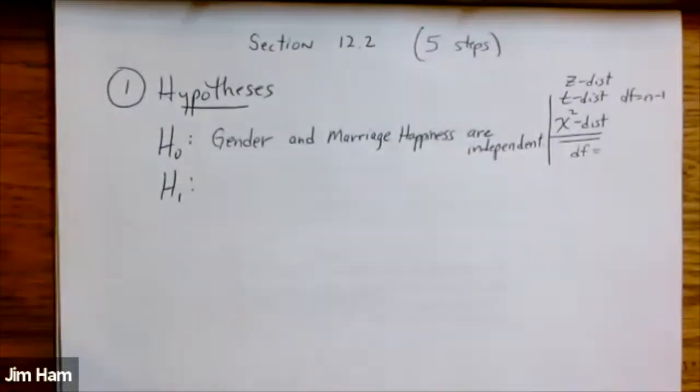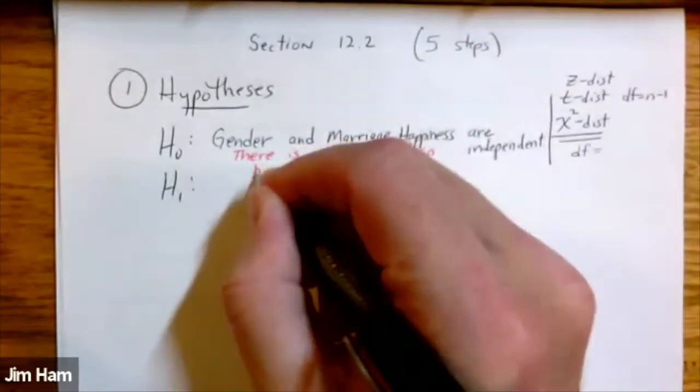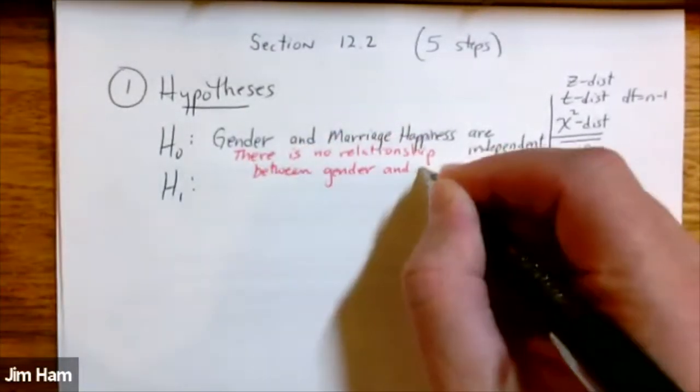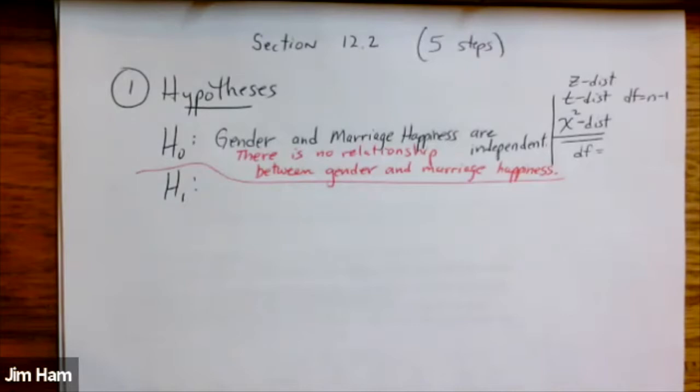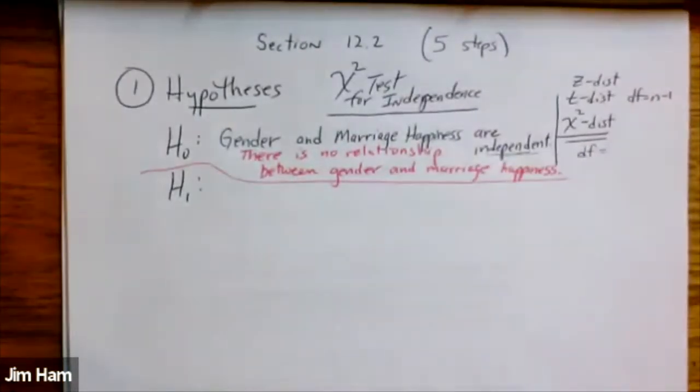So in this case, independence means that there is no relationship between gender and marriage happiness. In this case, we're going to say there's no difference between the 2 variables. The way we write it is, and this is the test for independence. And we use the word independence there, you can see it.